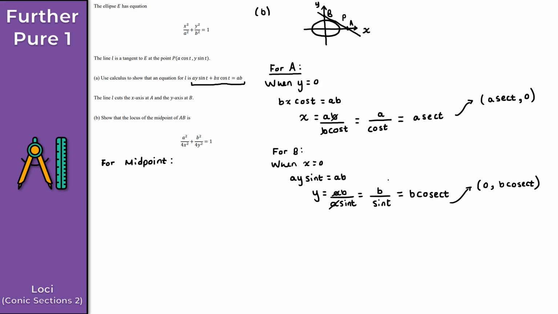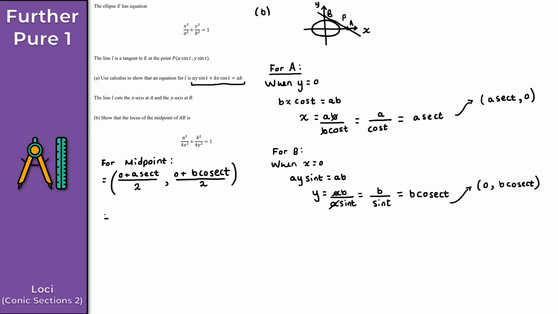So at this point, for the midpoint here, all we do is average these coordinates, right? So nice and straightforward. I get 0 plus a sec t over 2, a sec t all over 2. And then for the y coordinate, 0 plus b cosec t over 2, b cosec t over 2.